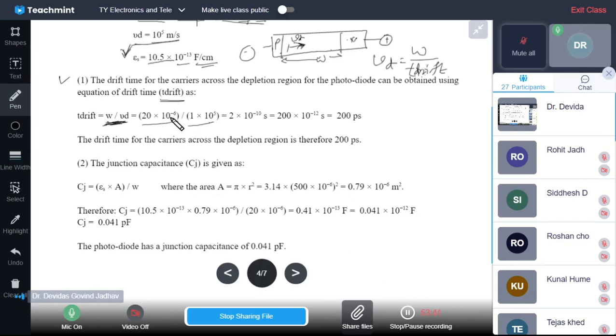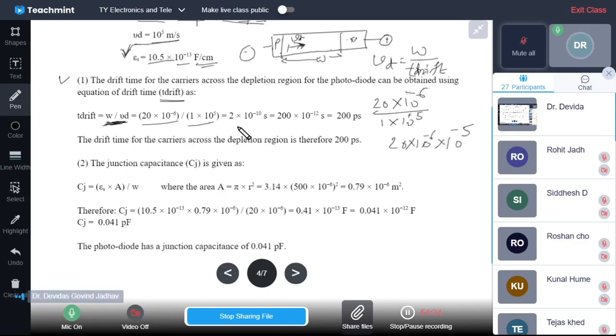So 10 raised to minus 6 times 10 raised to minus 5 is 10 raised to minus 11.